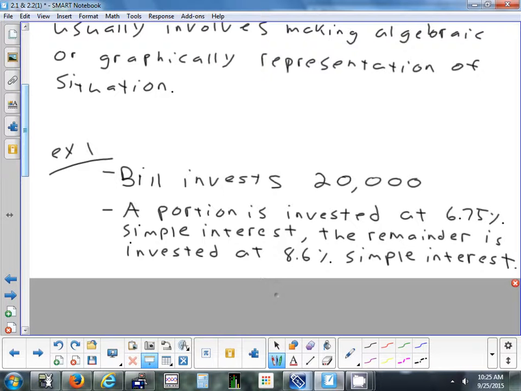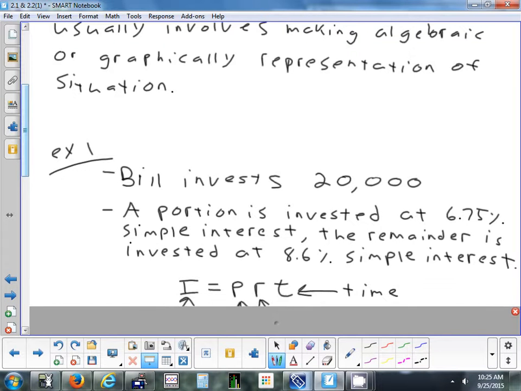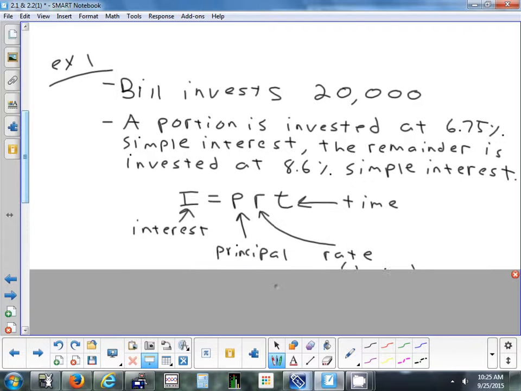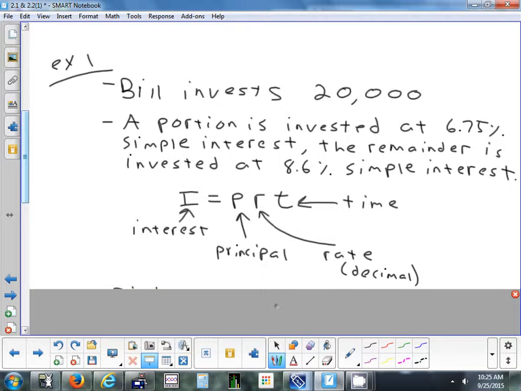Now, by them telling me simple interest, I know the formula that I should use. I don't expect you to know that because it's not something we've covered, so I will give that to you. There's your formula for simple interest. It's I equals PRT, where I is how much interest you make.